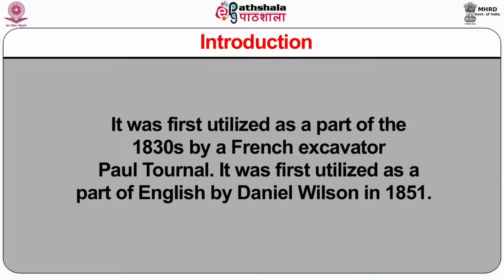The term was first used in the 1830s by a French excavator, Paul Tournal. It was first used in English by Daniel Wilson in 1851. Sumer of Mesopotamia, the Indus Valley Civilization and Ancient Egypt were the first civilizations to develop their own scripts and to keep historical records.